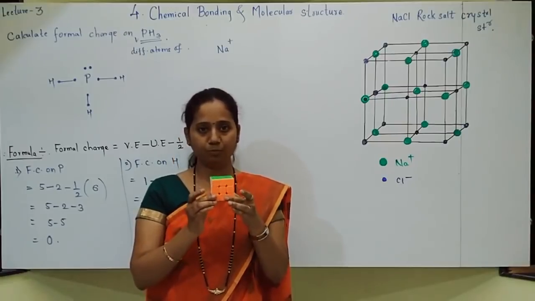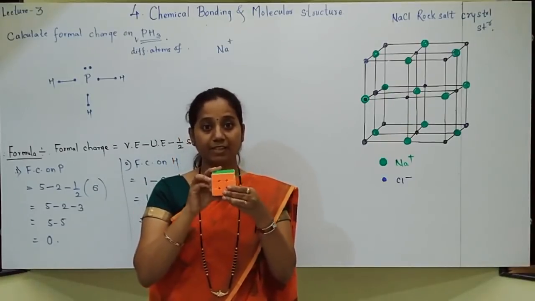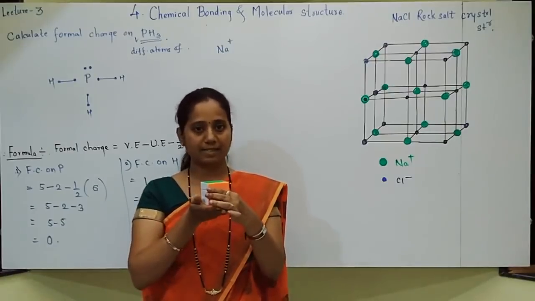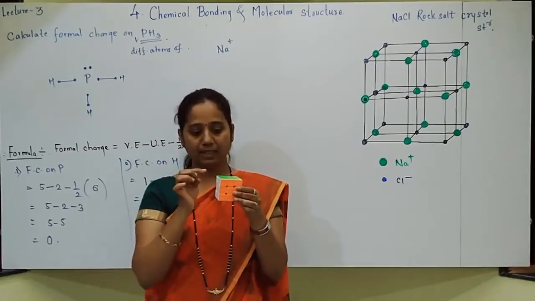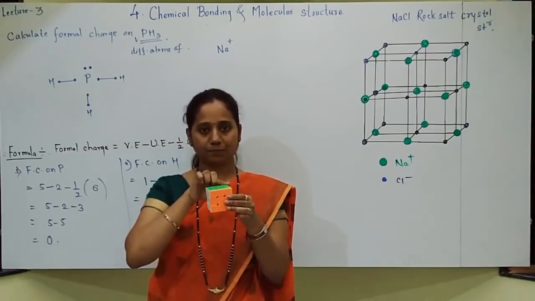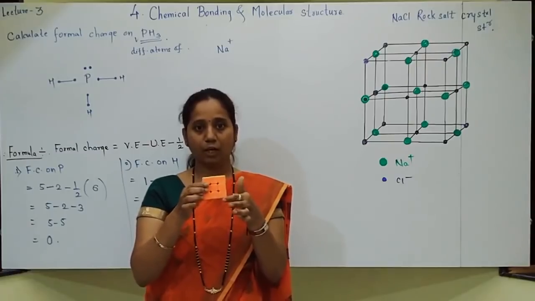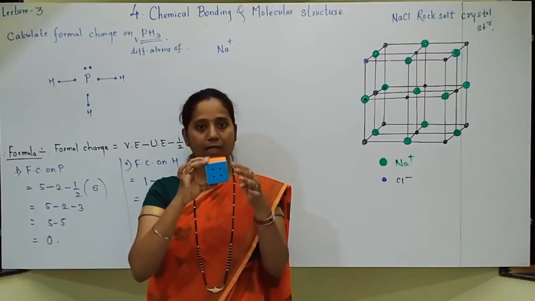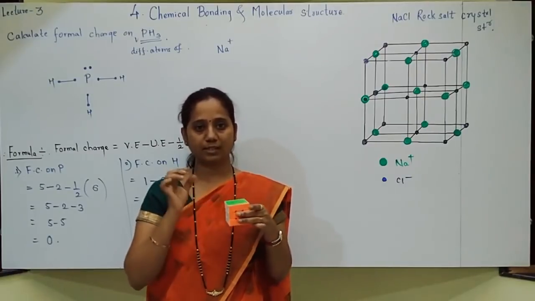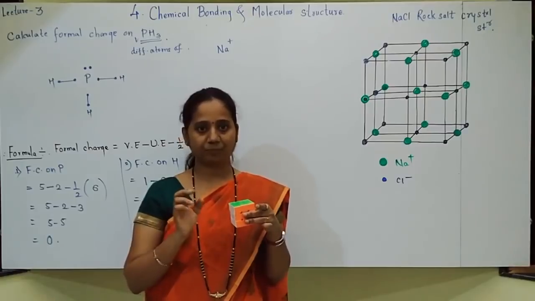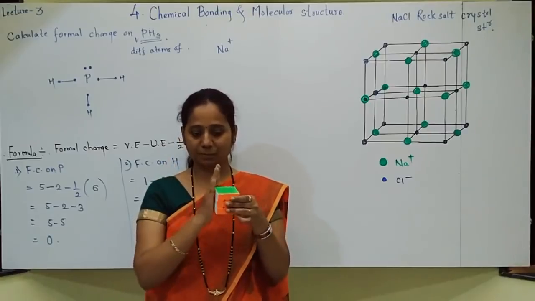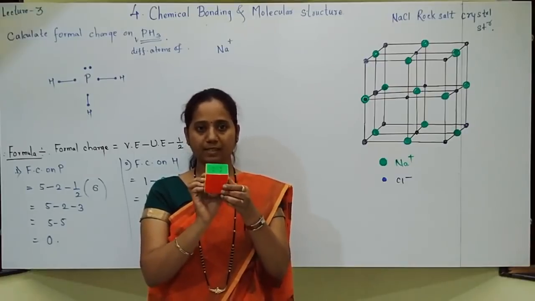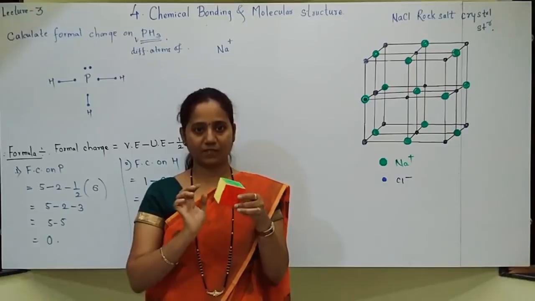If this is a cube, these are the faces. How many faces does a cube have? 6. Then these are corners. How many corners? 4 upside and 4 downside, total 8 corners. Faces: 4 around, up and down, 6 faces.